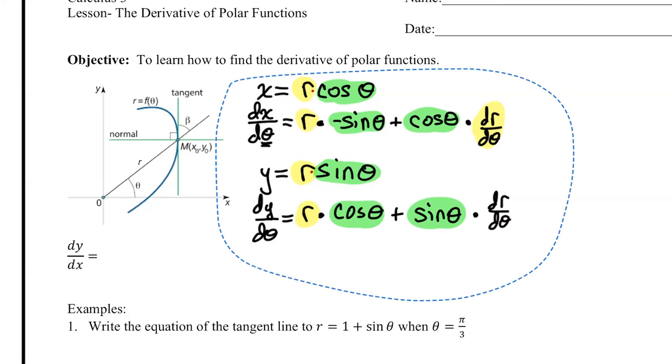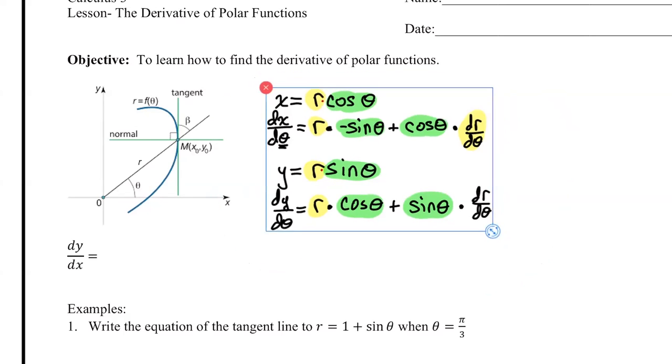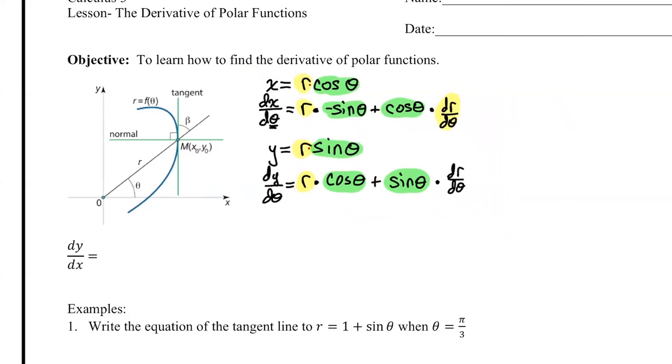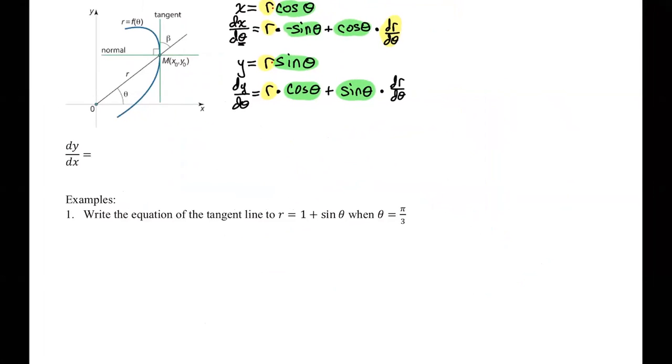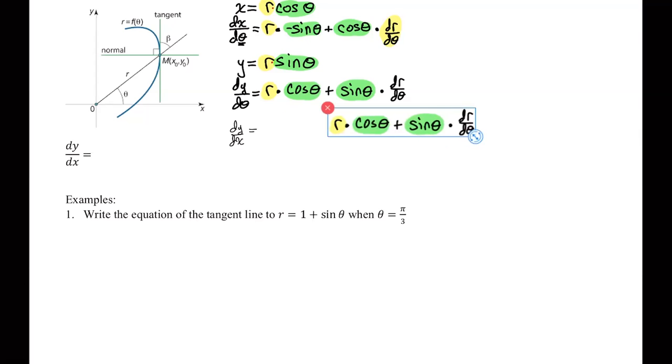I'm just going to kind of smidge it down a little bit. And I'm also going to get a little selfish here and make this dy dx equals, but then I'm going to do a little copy paste job. Here's my dy d theta. I'm just going to put it over here. I'm going to leave a little gap.